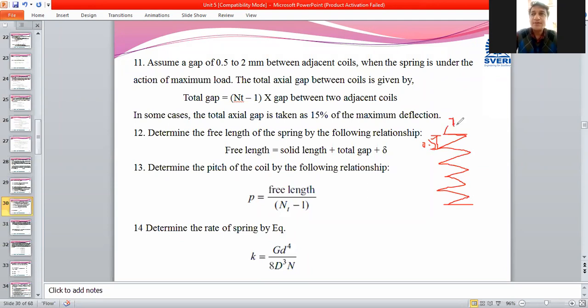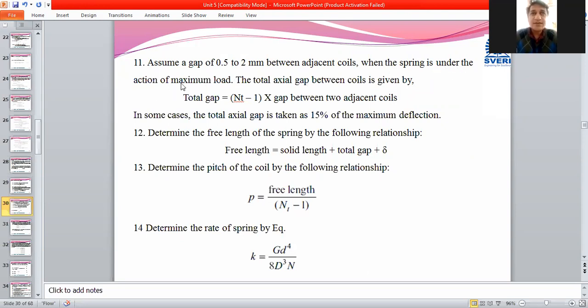You can check the design data book and use the recommended gaps. The designer can decide which value of gap to prefer for which application.